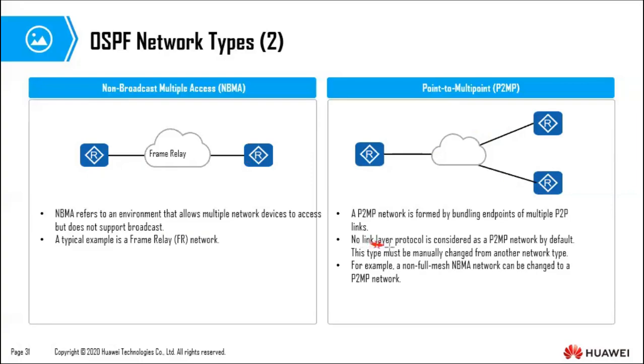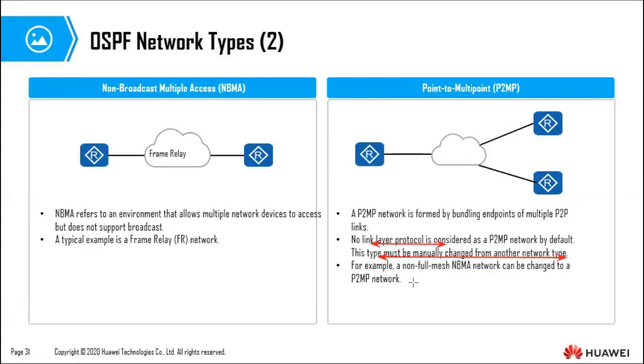Now, no link layer protocol is considered a point to multipoint network by default. So this type must be manually changed from another network type. Don't forget that there is no layer 2 encapsulation protocol that will default to point to multipoint.